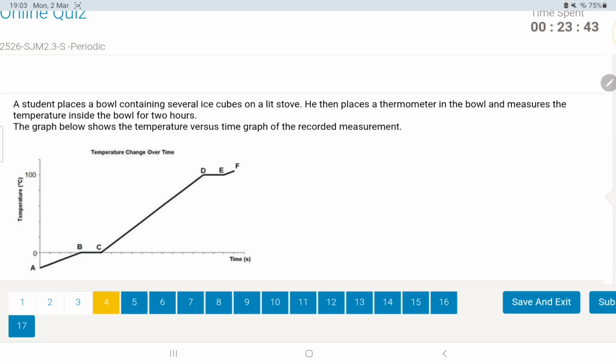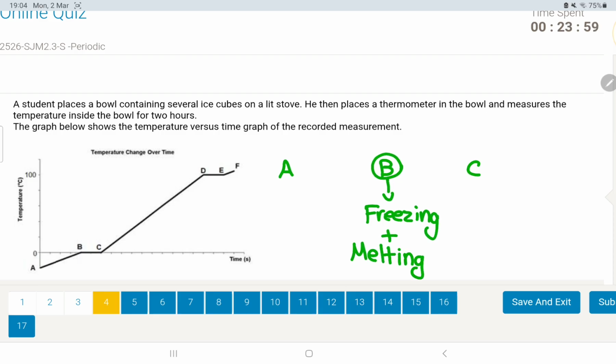So we have point B, C, and A. B here is the freezing and melting point, right? Points. Now we're gonna do the action.